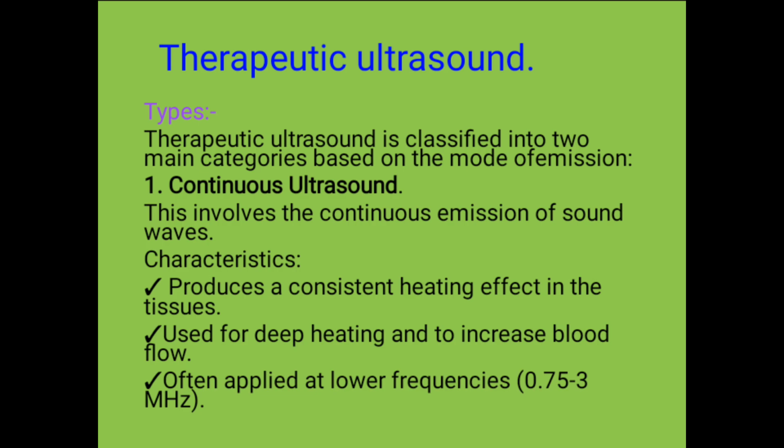And the very first characteristic is that it produces a consistent heating effect in the tissue. Remember, it is a continuous one, so it will be consistent. There is no stopping. And number two characteristic, it is used for deep heating and to increase blood flow. Of course, when we talk about increasing blood flow, then you need to turn your mind to vasodilation.